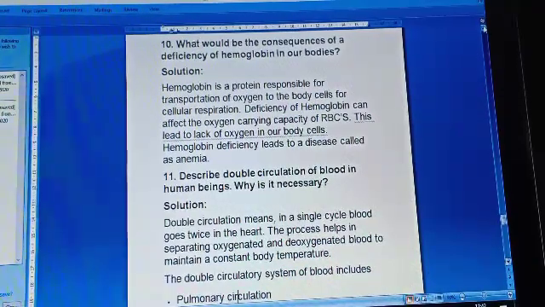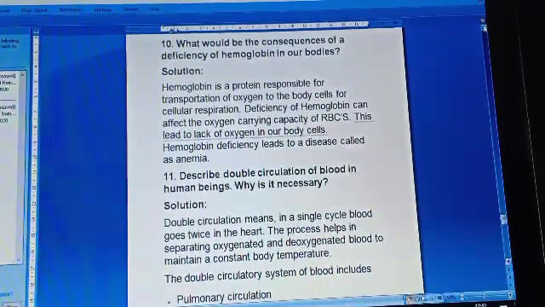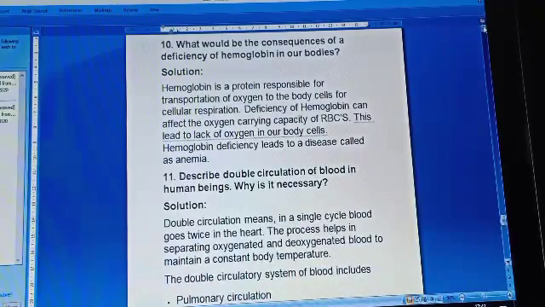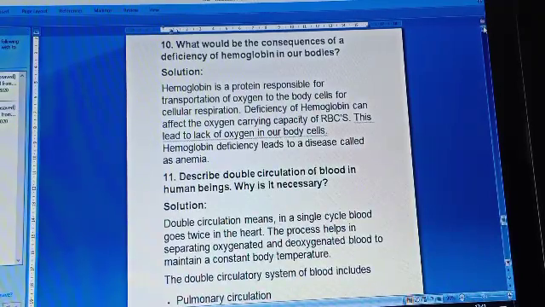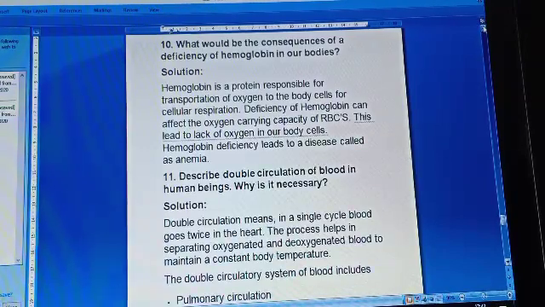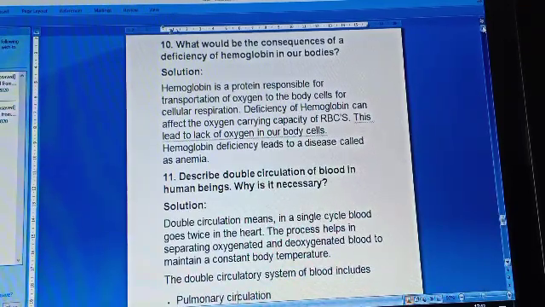Hemoglobin is the protein responsible for the transportation of oxygen to the body cells for cellular respiration. As it is present in the blood, what is the function of red blood cells? They contain the hemoglobin pigment, which is responsible for the transportation of oxygen during respiration.